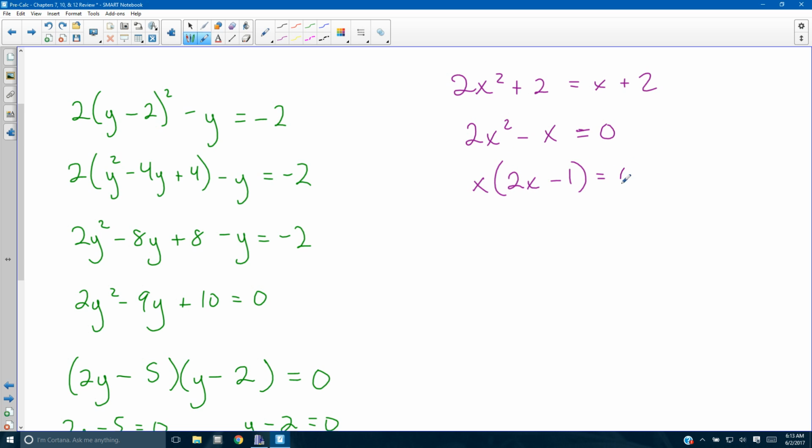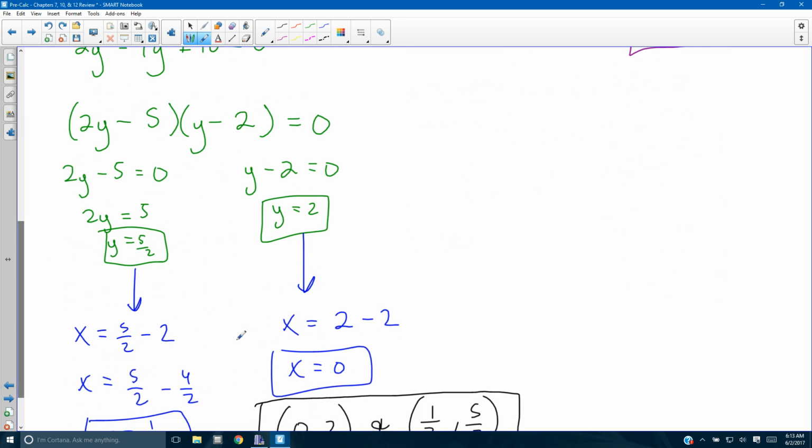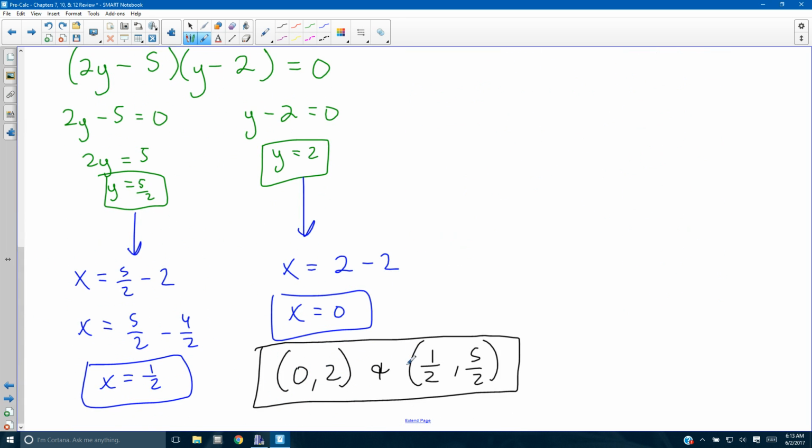So I can factor the x out of both terms here, x times 2x minus 1 equals 0. And if this times this equals 0, either x equals 0 or 2x minus 1 equals 0. And if 2x minus 1 equals 0, then x would equal 1/2. So x is either 0 or 1/2. As you can see, we had those answers down here, 0 and 1/2.